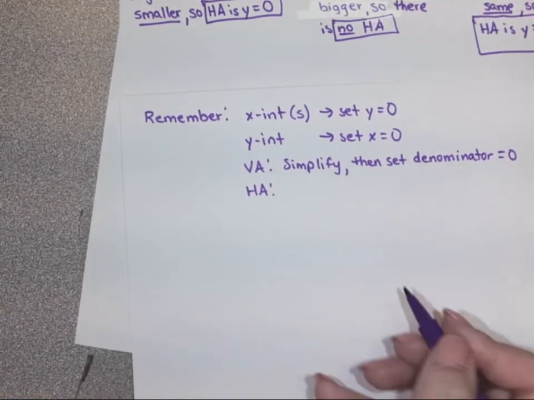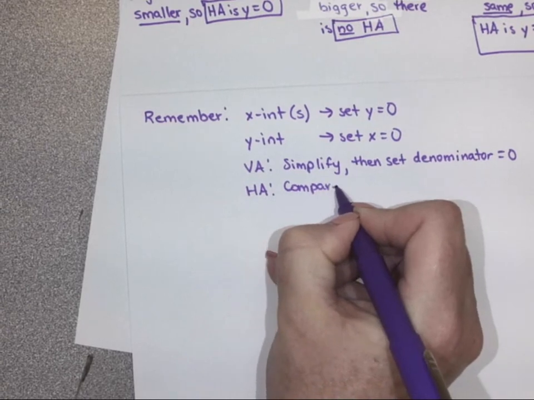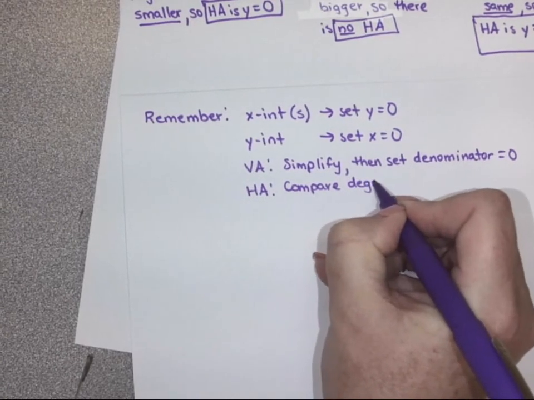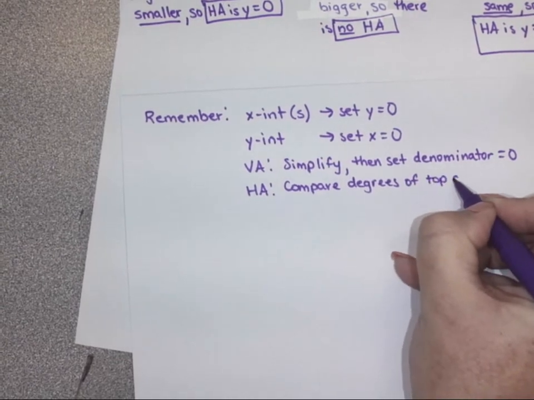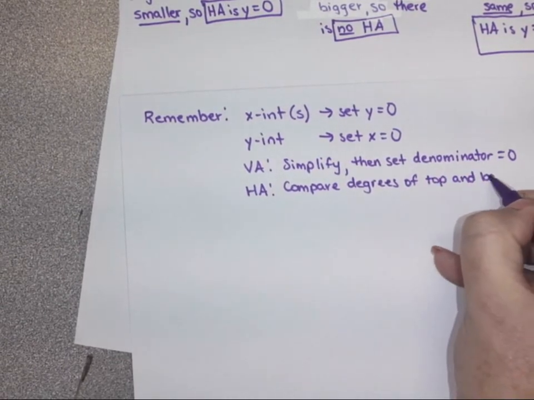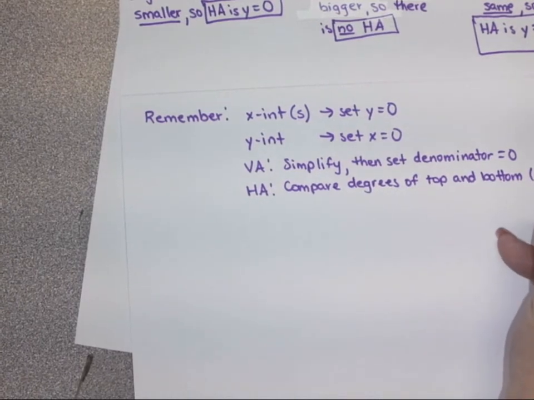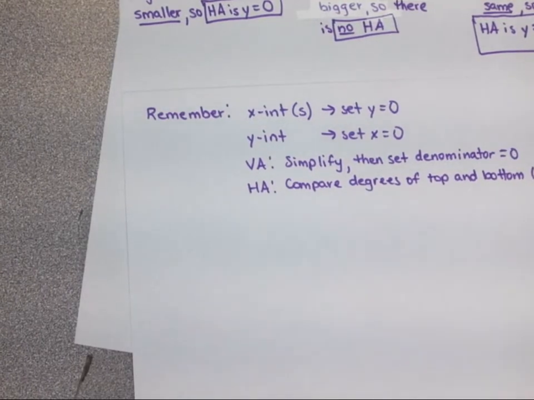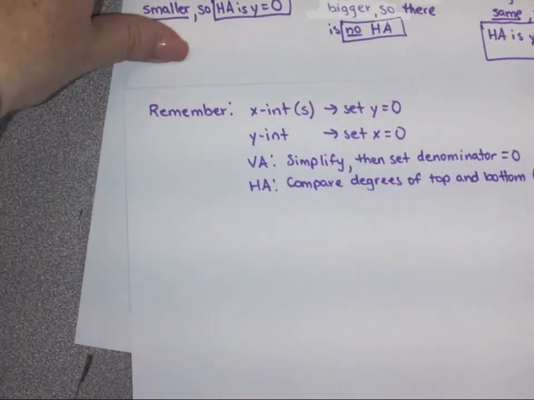And then for horizontal asymptote, we compare the degrees of the top and bottom, or the numerator and the denominator. And how many options do we have? 3? Okay, so in a nutshell, we should be able to sketch what these graphs would be using these pieces of information.